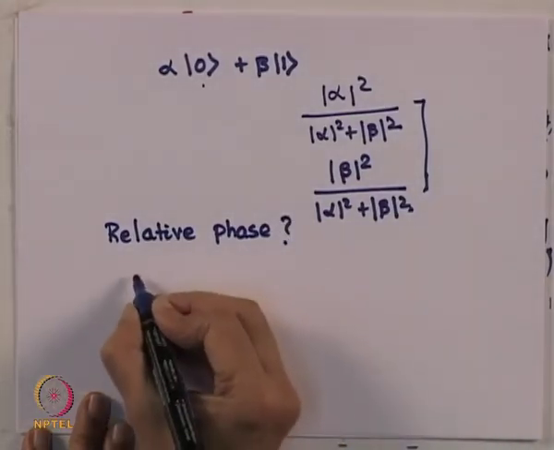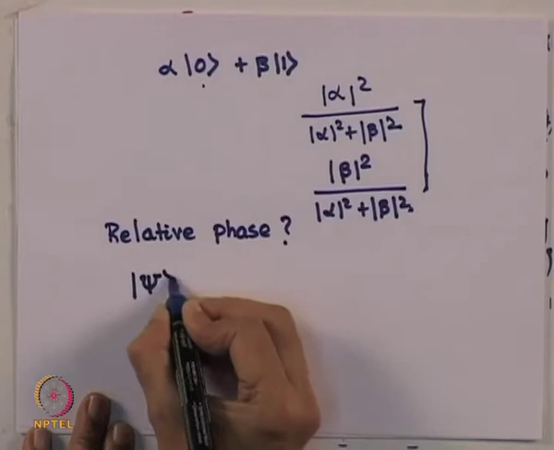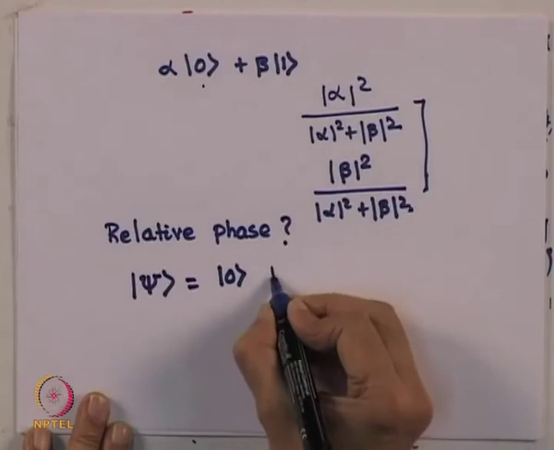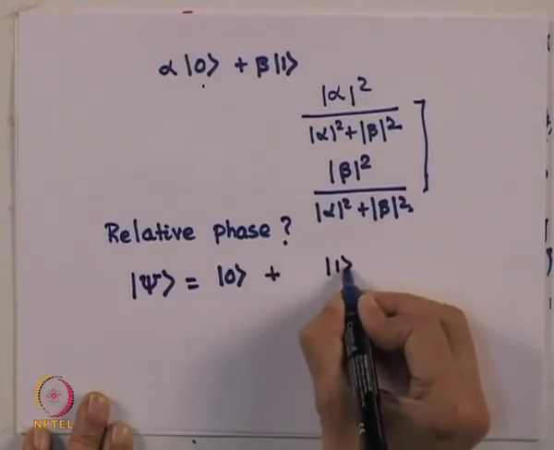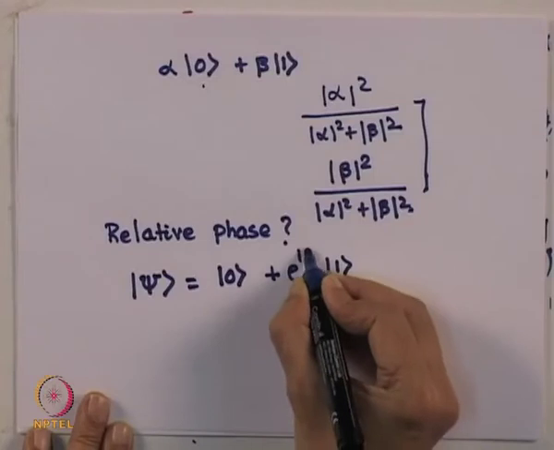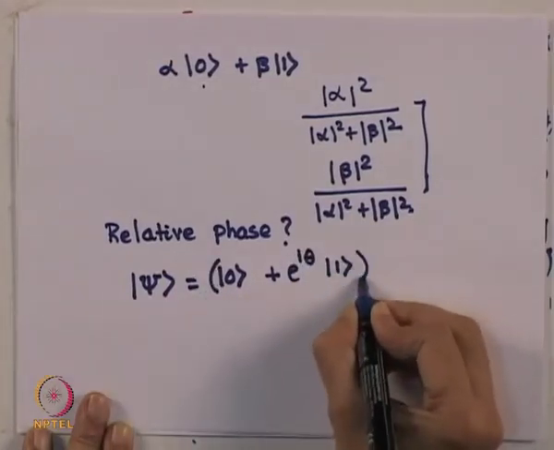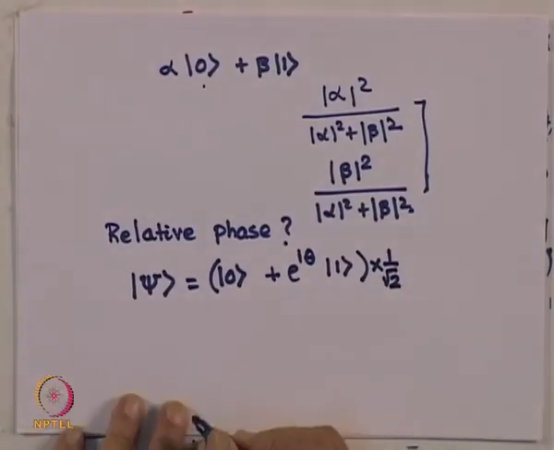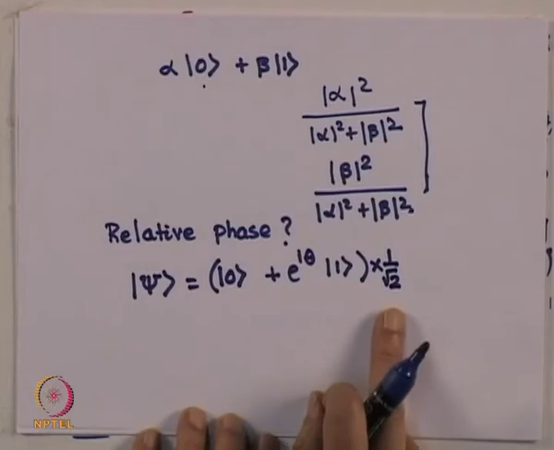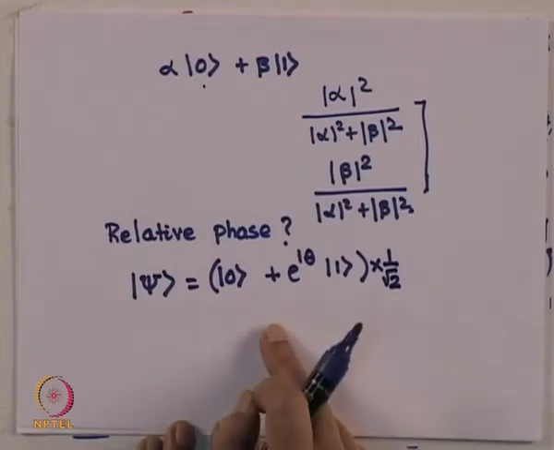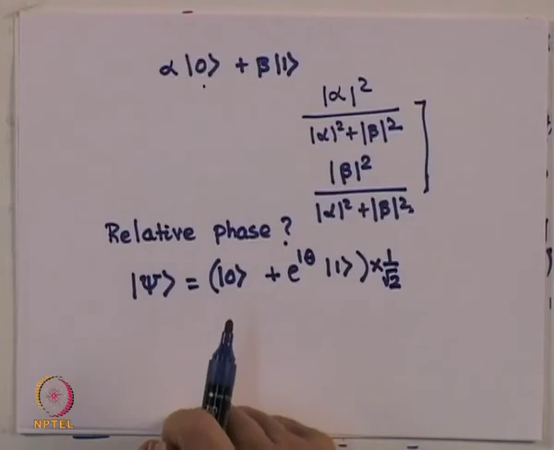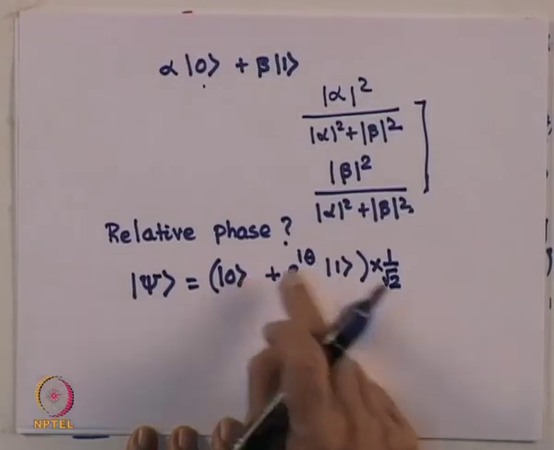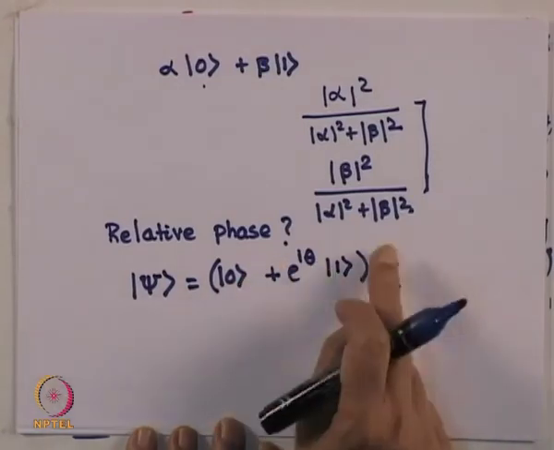Supposing I consider, for convenience, a state psi, which is equal to 0 plus 1, but I have e to the power i theta there, and I normalize this with a factor 1 over square root of 2. Now even in this state, if I measure in the computational basis, I would get state 0 or state 1 each with a probability of 1 by 2.